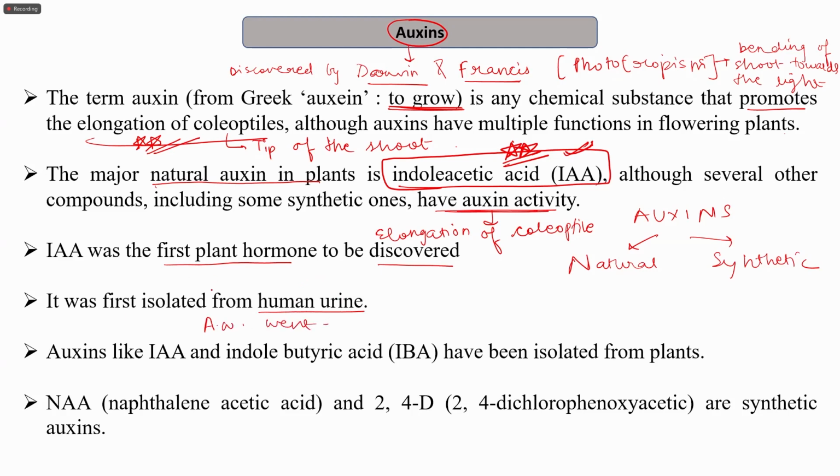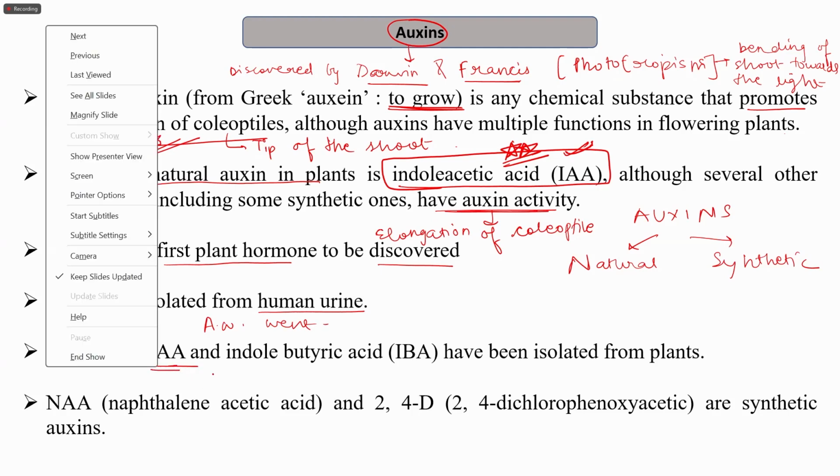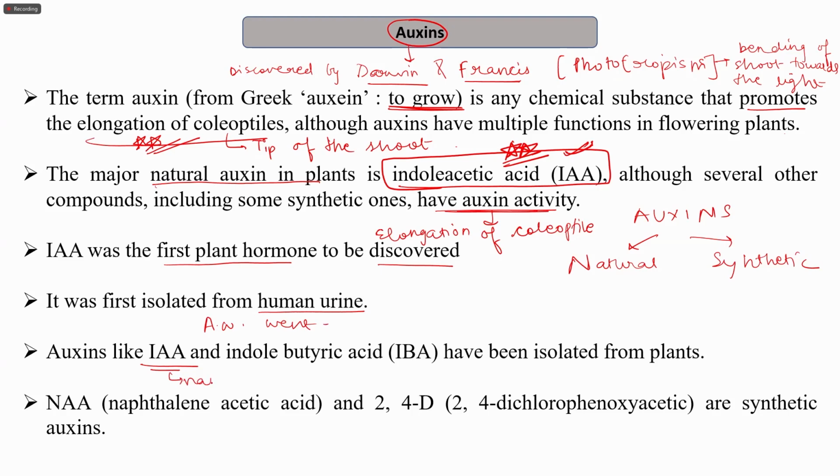Auxins like IAA, that is indole acetic acid, which is a natural one, and indole butyric acid, which is also a natural auxin, are isolated from plants. However, besides this, we have some synthetic auxins as well, like NAA, which is naphthalene acetic acid, and 2,4-D, which we also know is used as a herbicide.